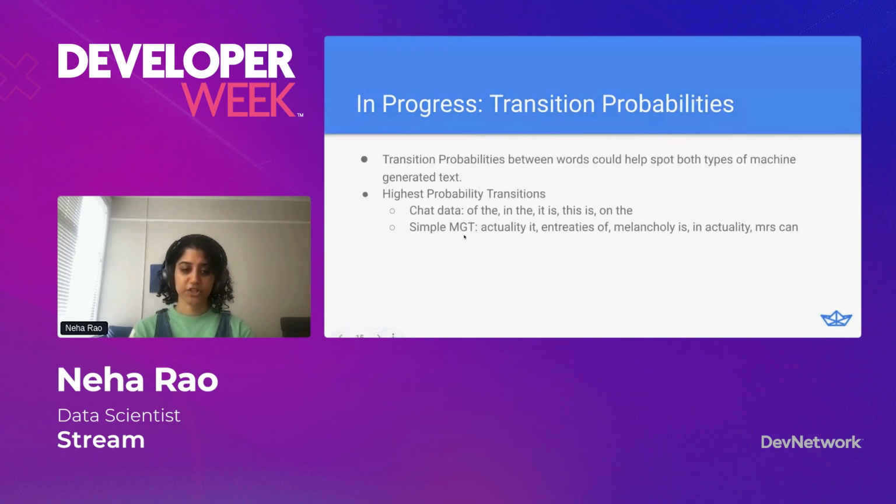For our simple machine-generated text, you definitely see the highest probability transitions being quite odd. So yeah, I think this work can be really promising. Obviously the way simple machine-generated text and complex machine-generated text differ from human-generated text is going to be quite different, but I think this could be very useful.